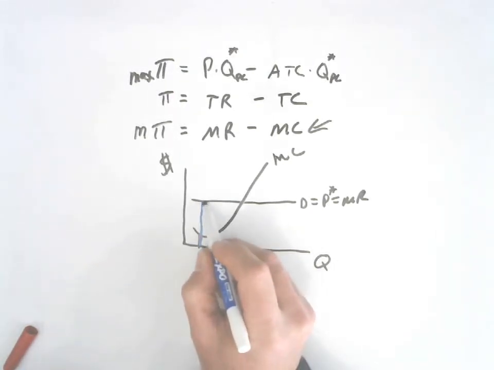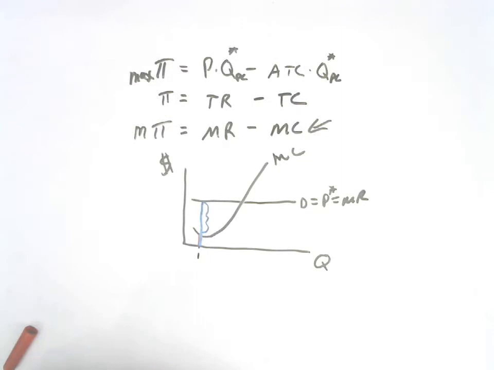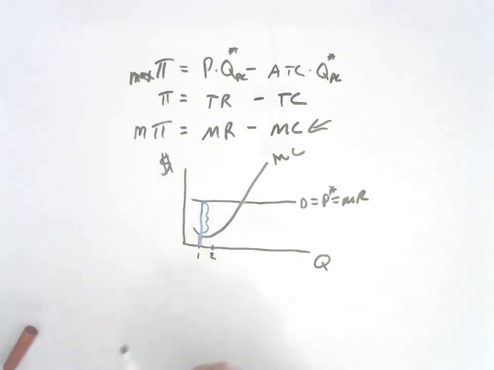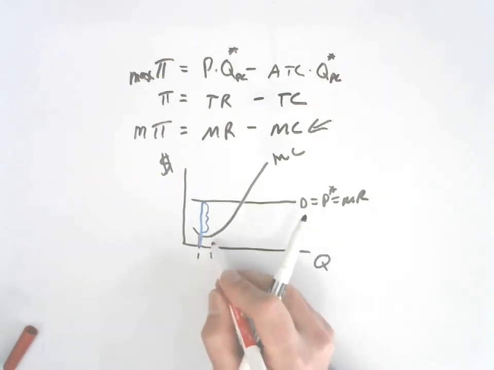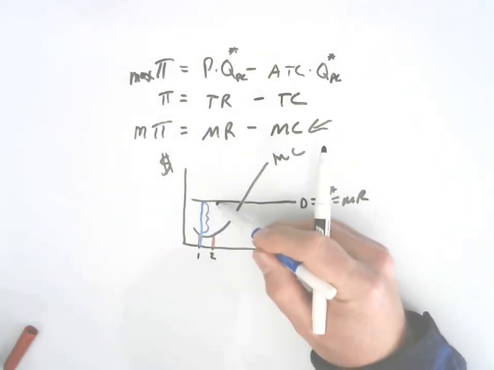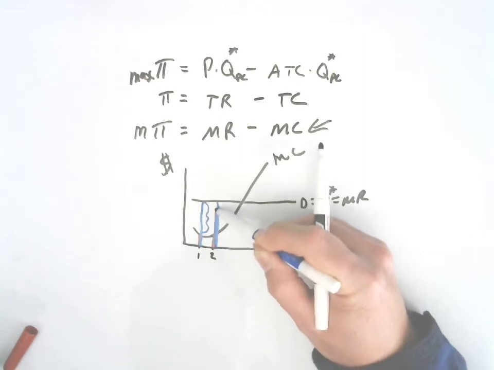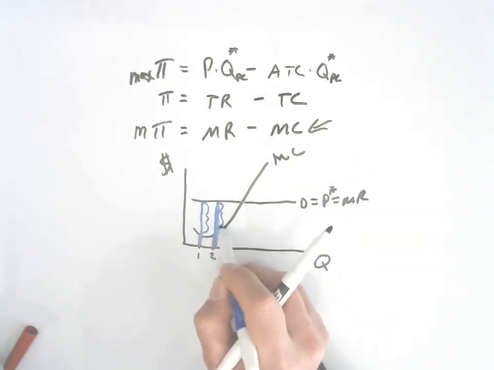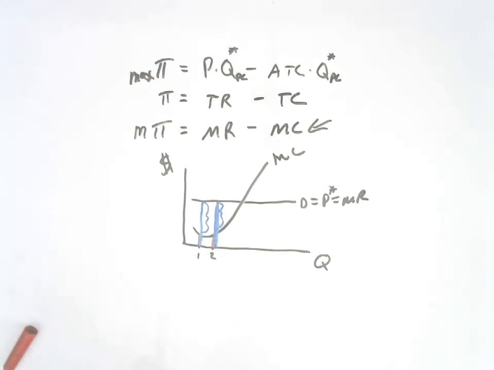This amount here is marginal profit. If they sell a second unit, it costs them this much to make that second unit, but they get this much from the sale of that second unit. In other words, they get the price from the sale of that second unit. What's left? Positive marginal profit.